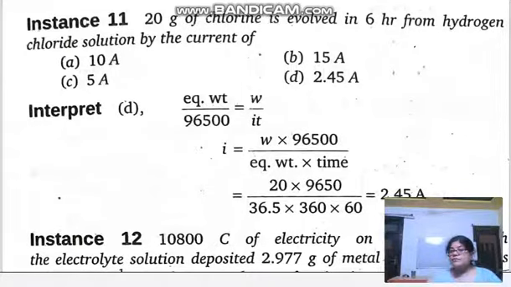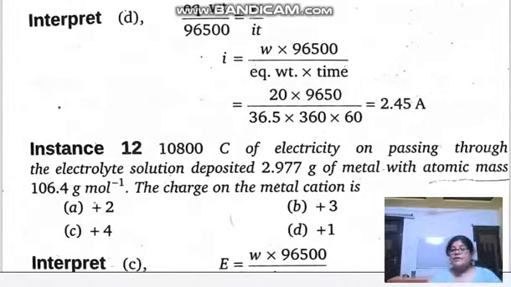Because the solution is hydrogen chloride, so hydrogen is 1 and chlorine is 35.5, and when we add, we get 36.5. Clear? Now the time is 6 hours, and you have to convert it into seconds. Then when you solve, you get the current. That means 2.45 ampere current is passed in order to get the 20 gram of chlorine.